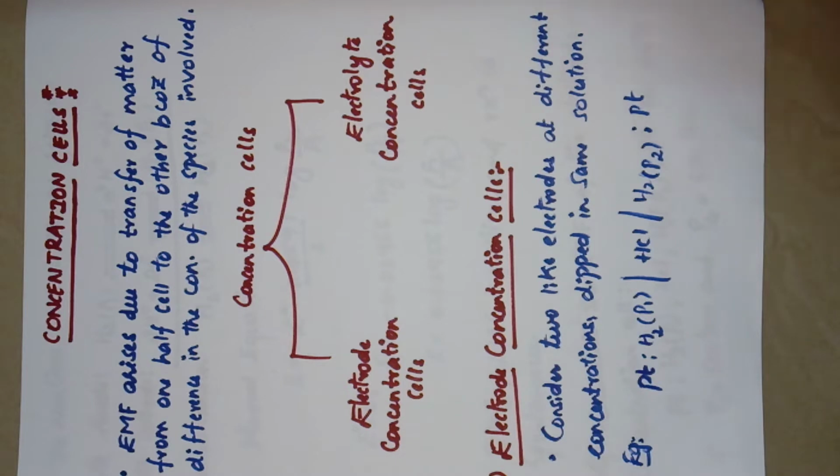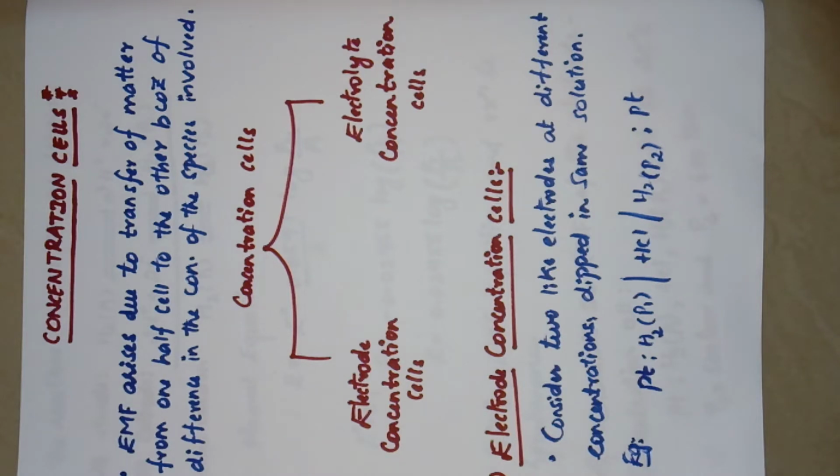Why is the EMF arising in concentration cells? It is due to transfer of matter. There is nothing like chemical energy conversion to electrical, but there is a transfer of matter and a difference in concentration, because of which the EMF arises in concentration cells. The name itself depicts the whole story, that there is a change in the concentration.